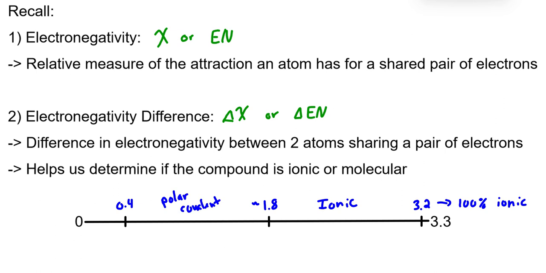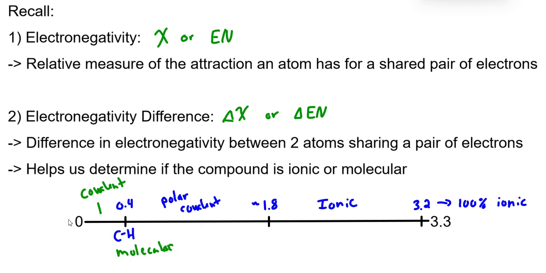The 0.4 is typically the carbon-hydrogen electronegativity difference, so when we get to organic molecules with electronegativity differences of about 0.4 or less, we're not super worried about the compound being polar. So we would list this section here as just covalent. Again, this whole region is all molecular compounds.